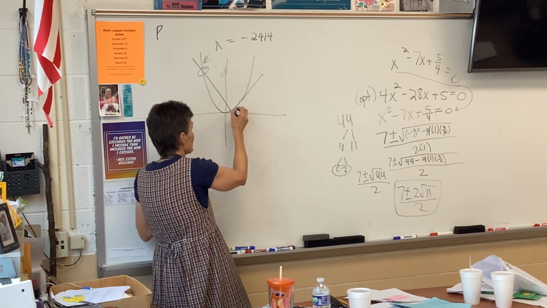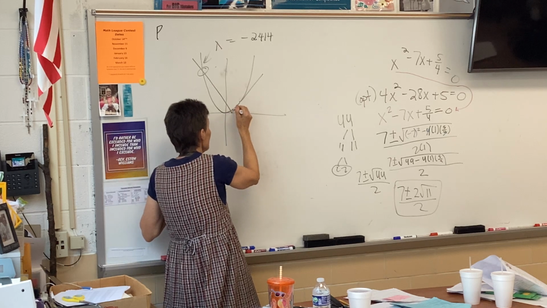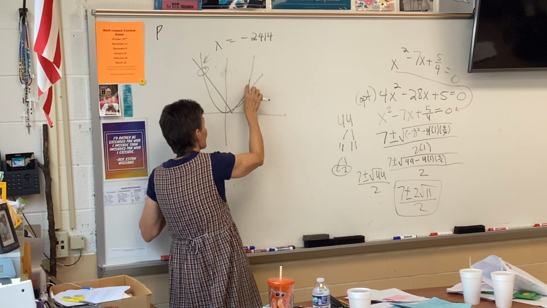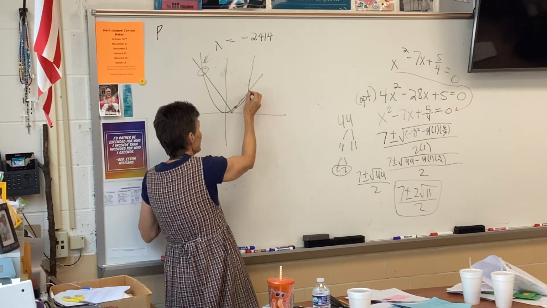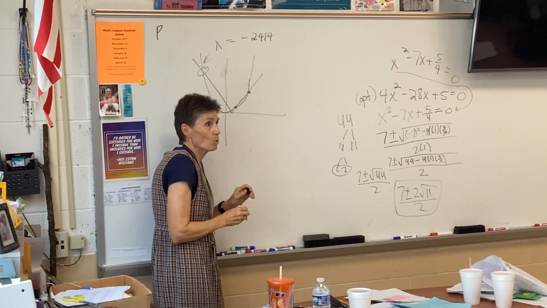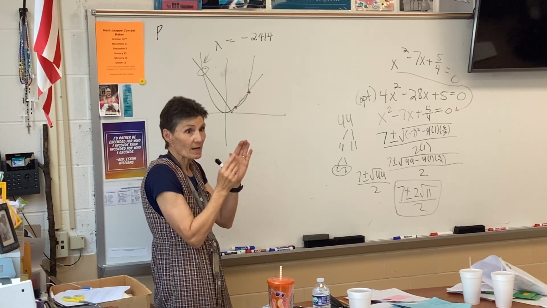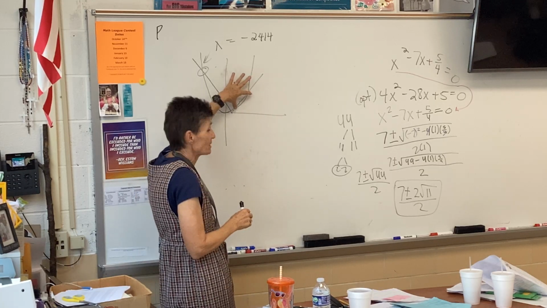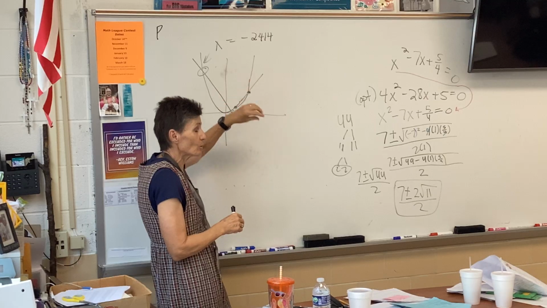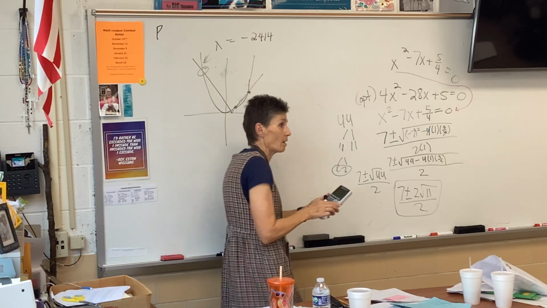The other option is the line passes through the parabola and hits it twice. Okay? It's very close together. These 2 points are very close together. So we're trying to figure out what those points are.